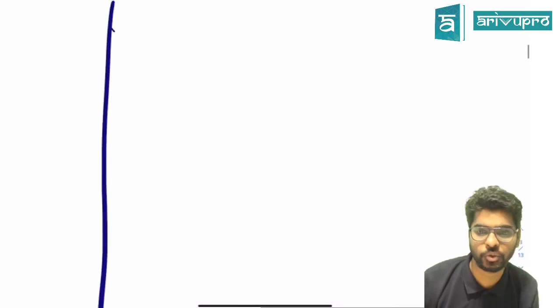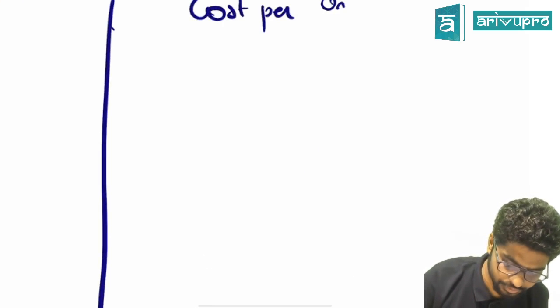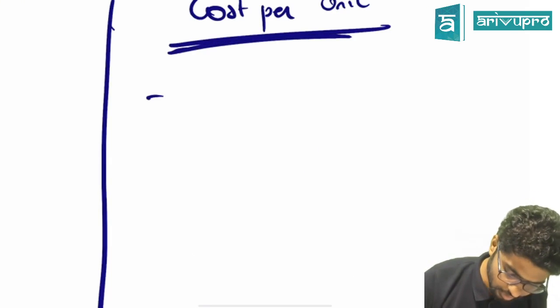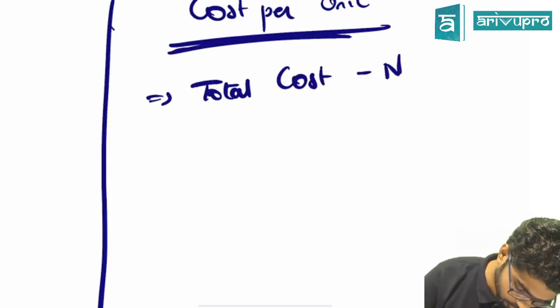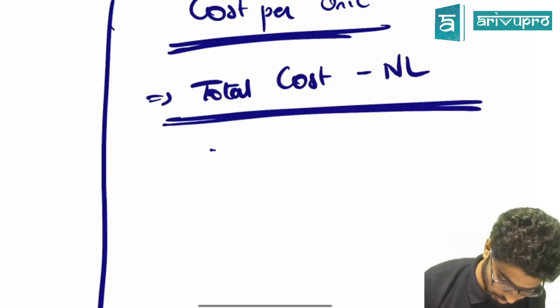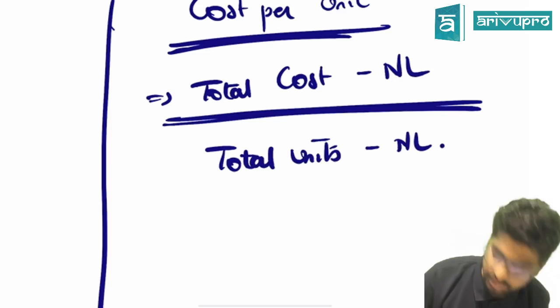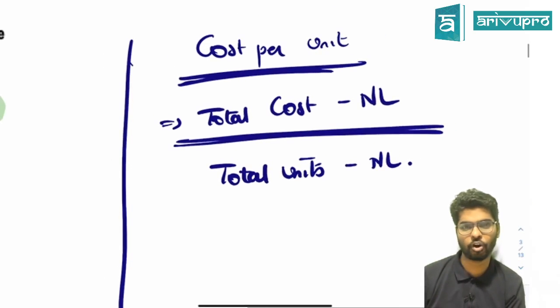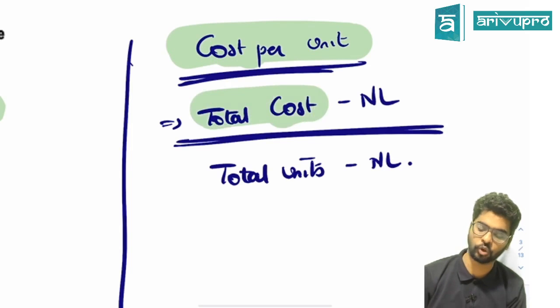Till now, if I had to find cost per unit, I used to find total cost first. Was this the formula I was using? Right? Now in this question they have given you cost per unit, you have to find total cost.